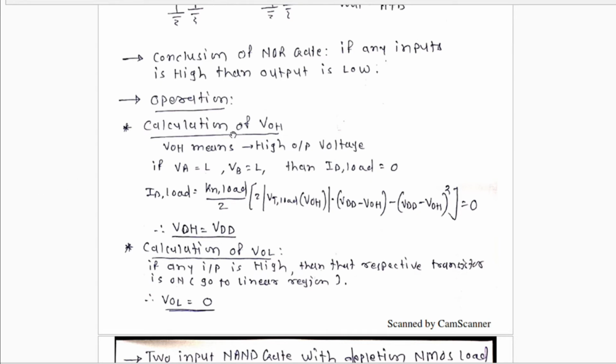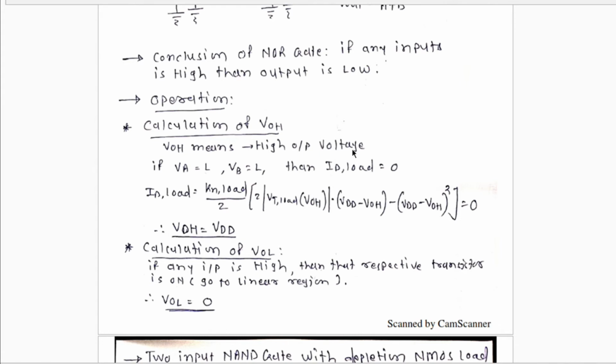Now the calculation of VOH, the high output voltage. If both the inputs are low, then we get the high output. If both the inputs are low, then both the transistors go to the cutoff region and work as open switches.